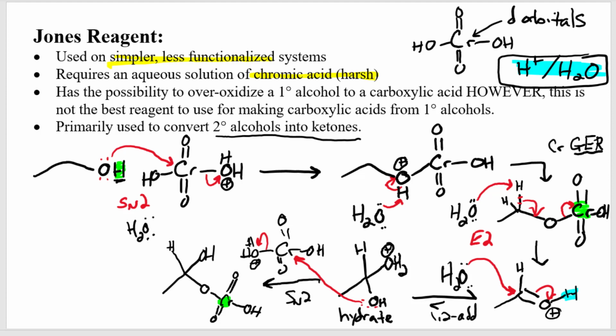Again, under highly acidic conditions, our bases are not very strong, but that's all we need to take off that extra proton. Take those 2 electrons, dump them in to make our new carbon-oxygen bond. Reduce the chromium by having it gain electrons. Here is our E2. And there we are. We made a carboxylic acid.